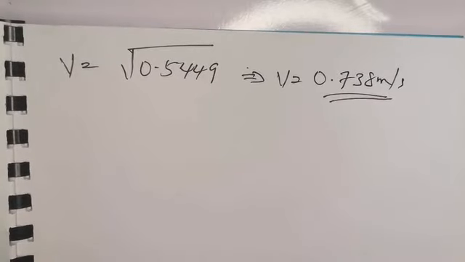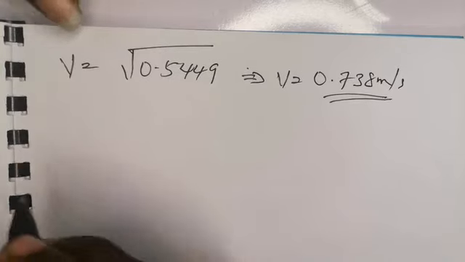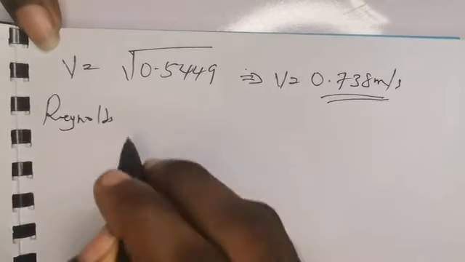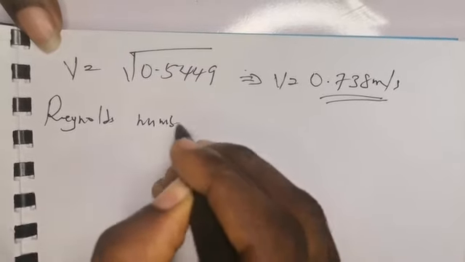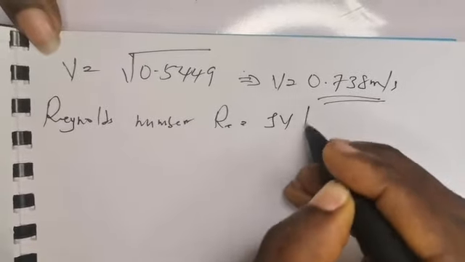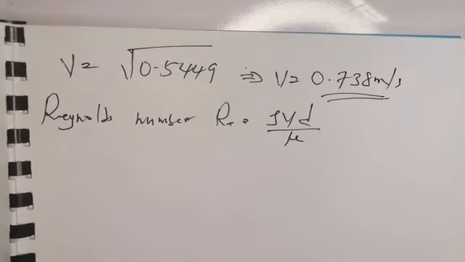Now the next question says we should find the Reynolds number. To obtain Reynolds number, Re is simply rho VD all over mu. We know the rho, which is density.